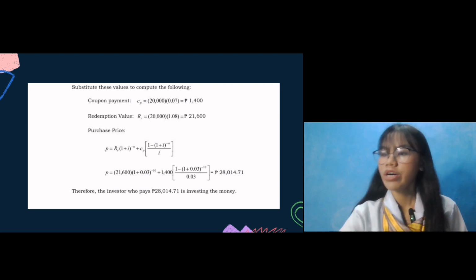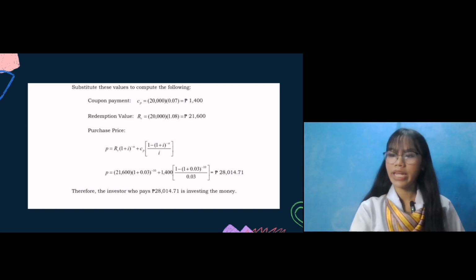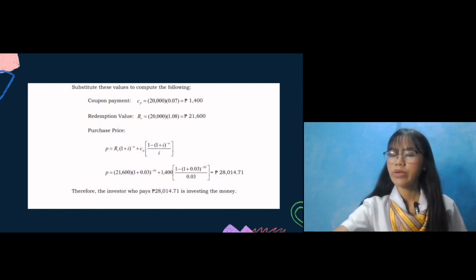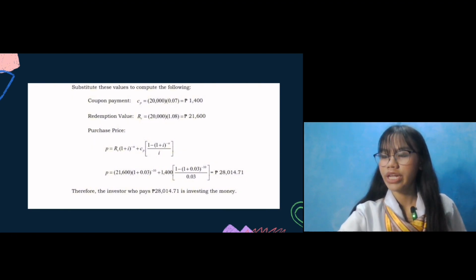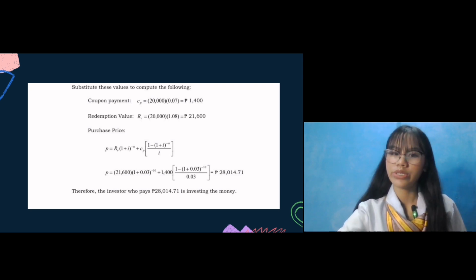Our R here, which is our redemption value, is 21,600. And in the 1 plus I, just copy 1, then the addition, and our I is 0.03. So we substitute 0.03 and raise it to negative 10, which is our N.